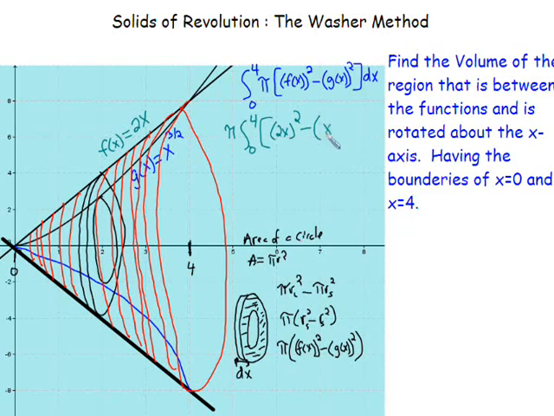And then we have x to the 3 over 2 squared, all multiplied to dx. We can simplify, and this is going to become 4x squared minus, the 2 and the 2 cancel out, so that's just going to be x to the 3rd. And that's going to be all dx.